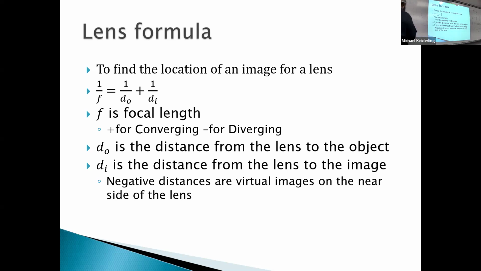Same side. So that's the way it works. Positive is real, it's on the far side of the lens. Negative is virtual, on the near side of the lens.